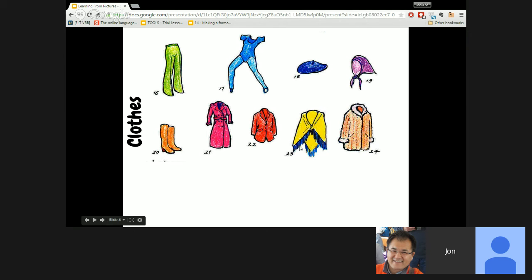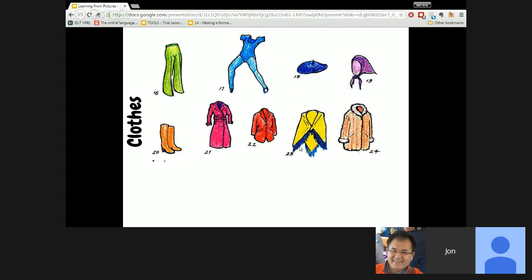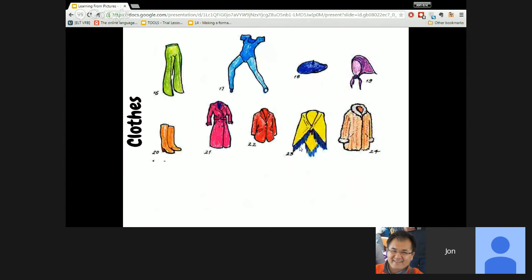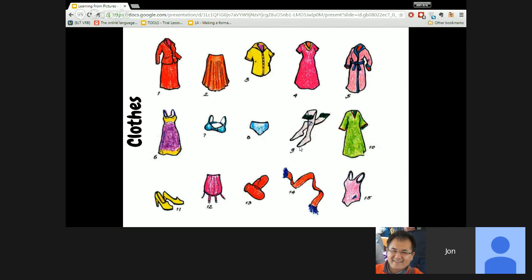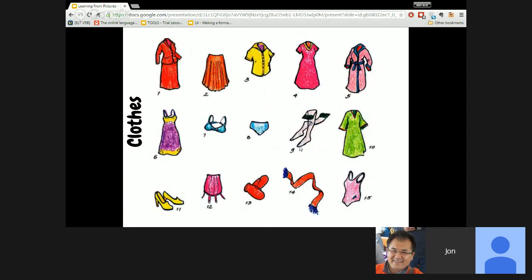Interesting. Ryota, want to make a second guess? Because this is under our clothes. Let's see. 15.